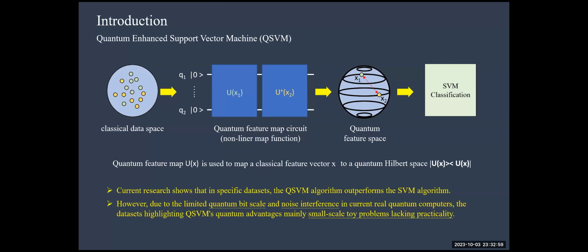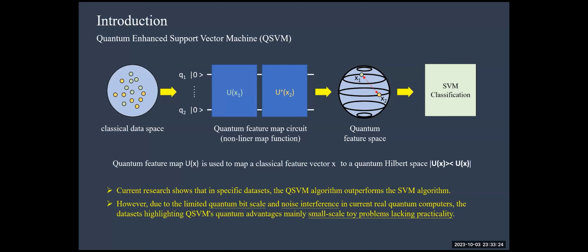Due to quantum properties, the quantum feature space offers a higher dimensional and more complex data representation capability compared with classical kernel functions. Current research shows that in specific datasets, the QSVM algorithm outperforms the classical SVM algorithm.